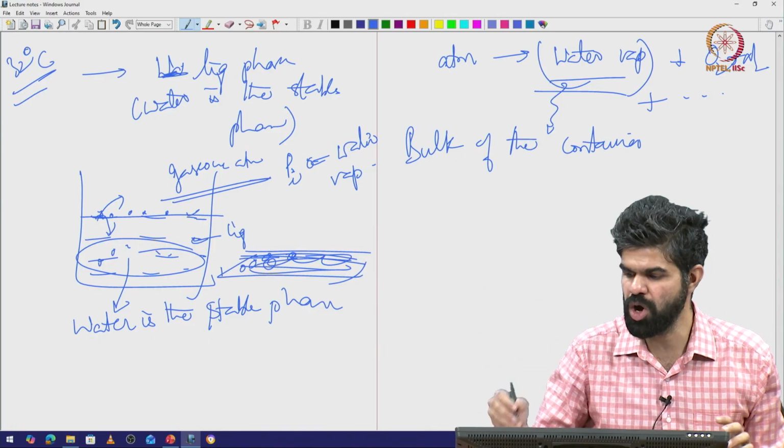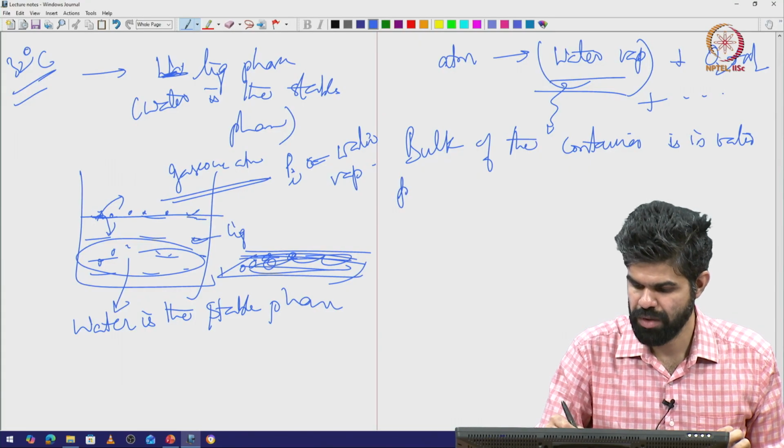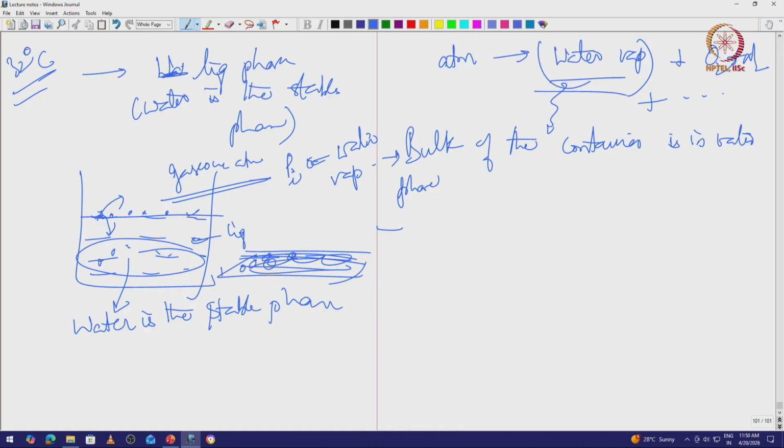The water film on the cloth is in water phase, but the surface molecules are either in water phase or in vapor phase, right. They can just go up, come down, go up, come down. They can degas, go away into the vapor phase, come back into the water phase, and so on, right.